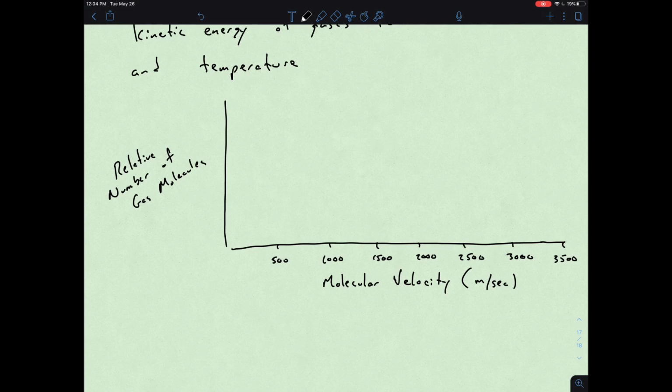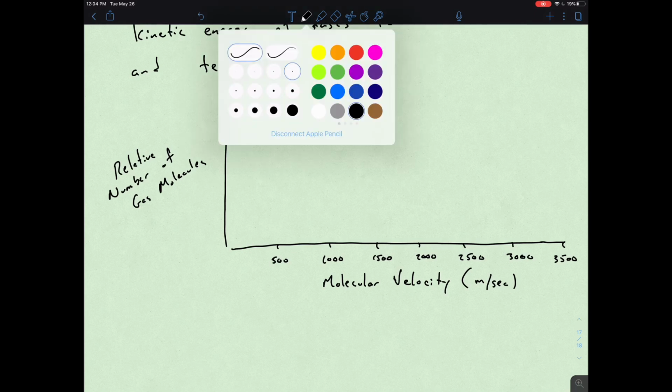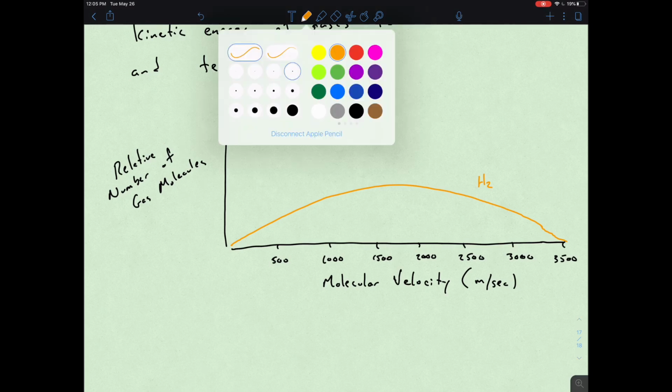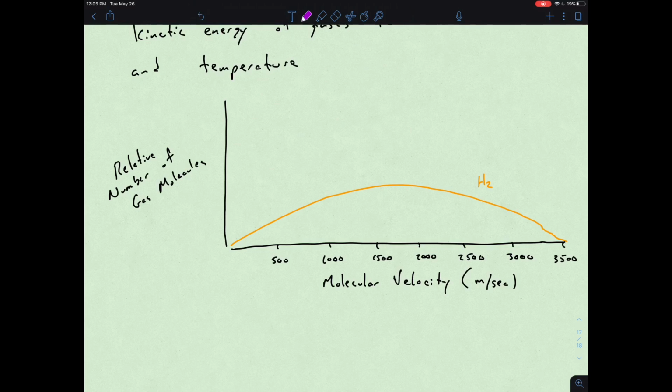So what we find is that there isn't one direct molecular velocity for a particular gas. For instance, hydrogen has a pretty even distribution of molecular velocities going from the beginning all the way to the end there. But as we increase molar mass, we find that distribution tends to not be as great.